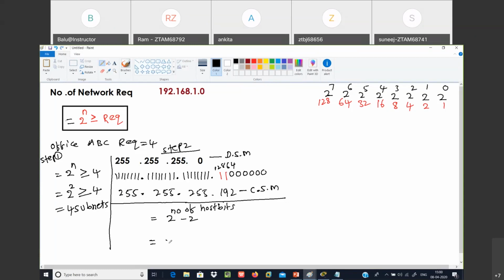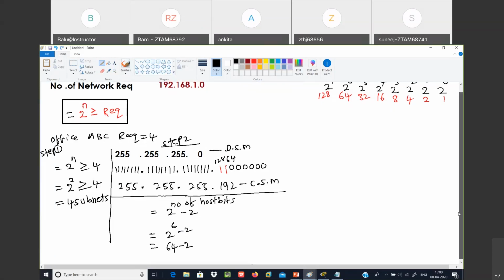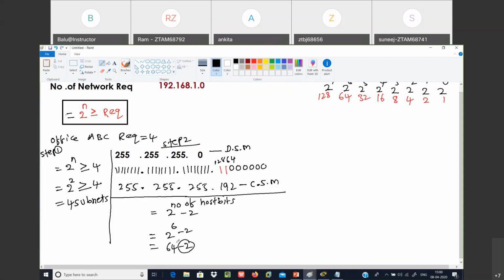How many remaining host bits are available? 2 power 6 minus 2. 2 power 6 is 64, minus 2. Why minus 2? Network ID and broadcast ID. The two IPs are subtracted. So 62.